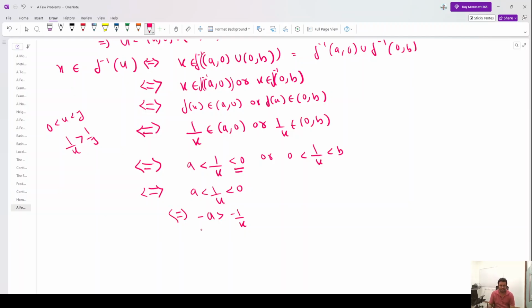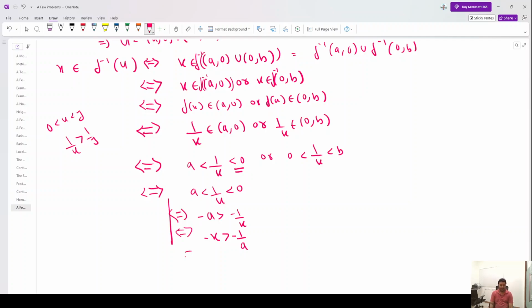So this both ways implies that minus x is bigger than minus 1 upon a.